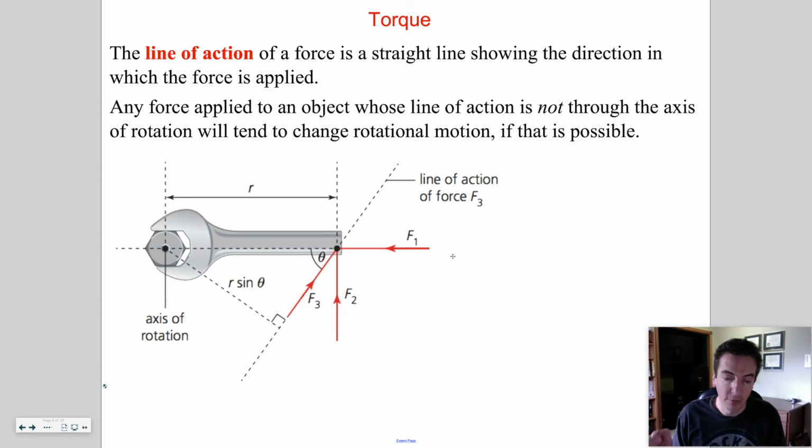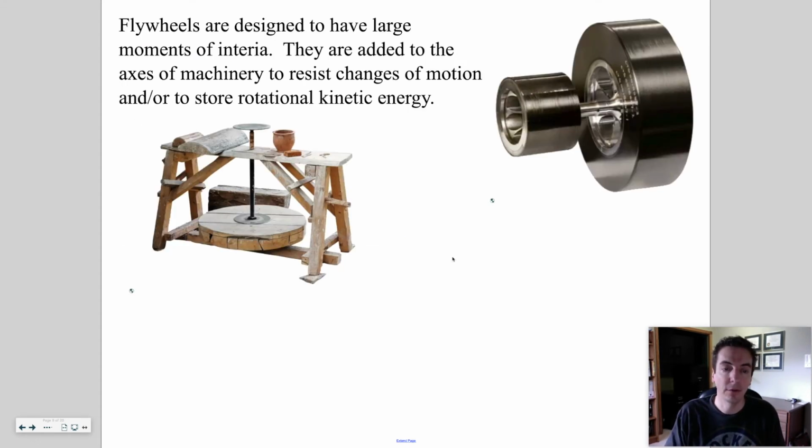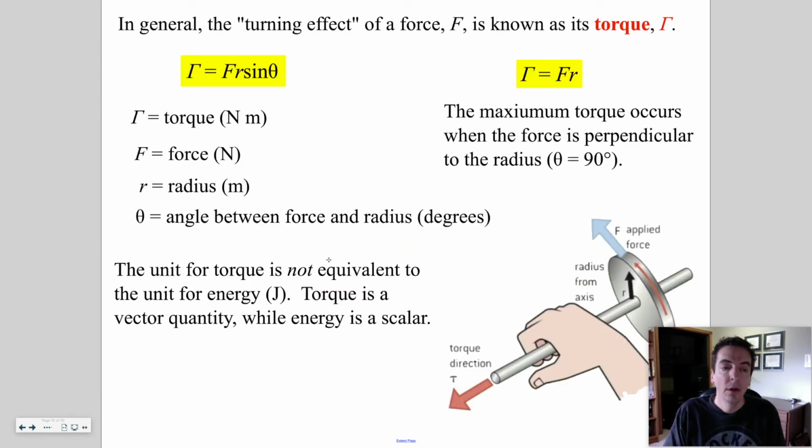It would be much easier if you've got a longer wrench to apply a greater torque. So the radius definitely matters. And that angle between the force and the radius in degrees. So it's a maximum when that angle is equal to 90 degrees.